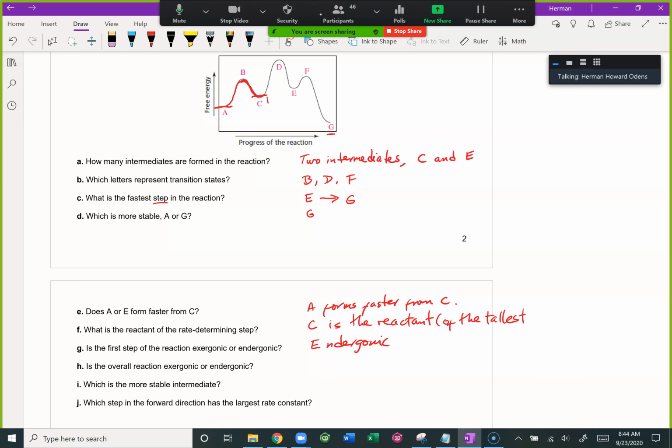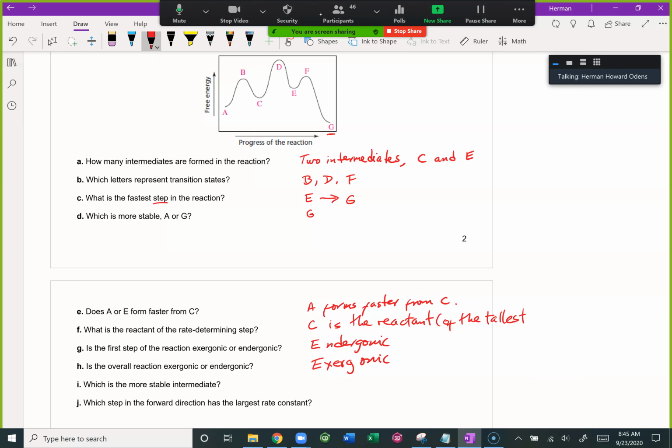Now tell me this one. You have to analyze this. It says, is the overall reaction exergonic or endergonic? What will be your answer? Exergonic, because G is lower than A. Exactly. Exergonic because G is lower than A. Excellent.